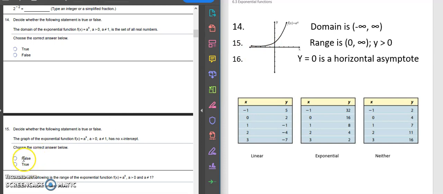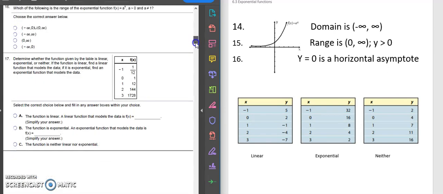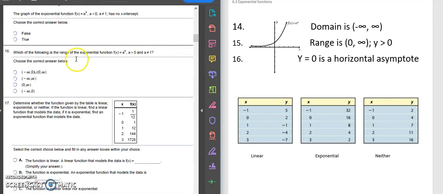And notice that they sometimes switch up the order of the false and true questions, so make sure that you click on the correct answer when you're working on your assignments. Number 16 says, which of the following is the range of the exponential function? Again, the range is from the lowest point of the graph going up to the highest point. The lowest the graph goes, well, it approaches 0, but it never touches it, and then it goes up to positive infinity.